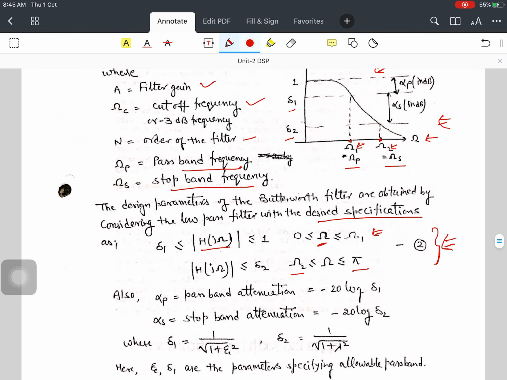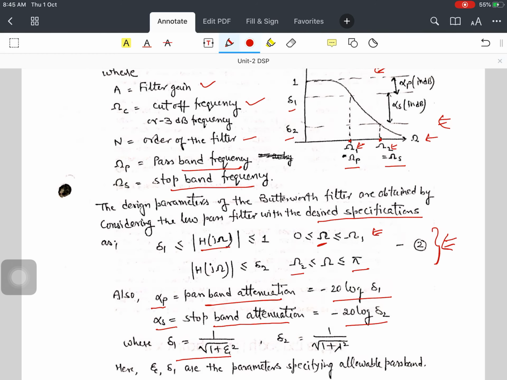Now the calculation of the pass band attenuation and stop band attenuation. The formula is given by alpha p, that is the pass band attenuation, equal to minus 20 log del 1, and alpha s, that is the stop band attenuation, equal to minus 20 log del 2. Where del 1 is equal to 1 upon under root 1 plus xi square, and del 2 is equal to 1 upon under root 1 plus lambda square.